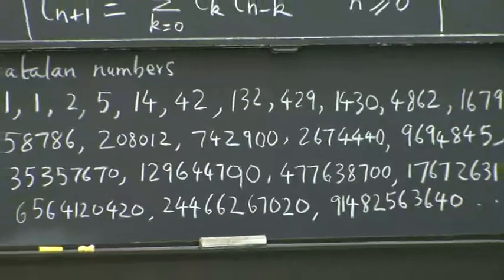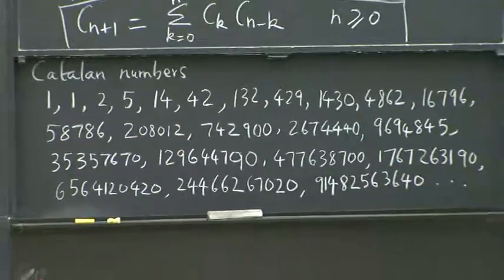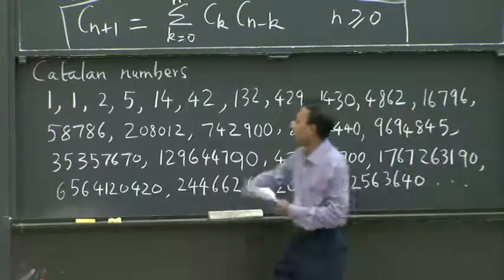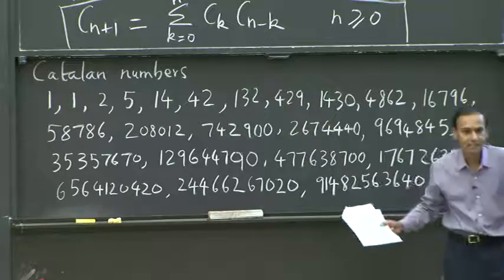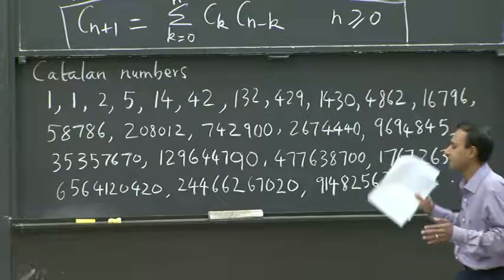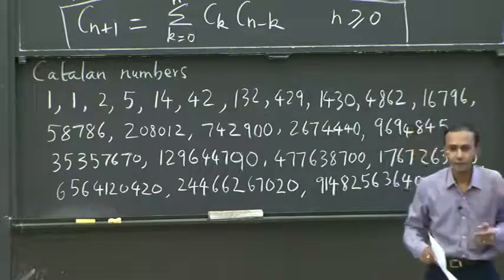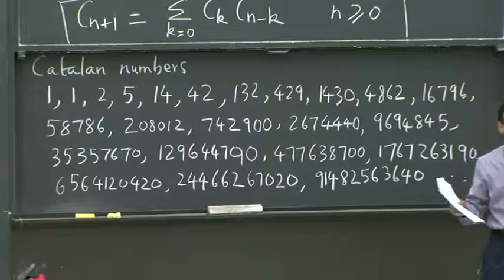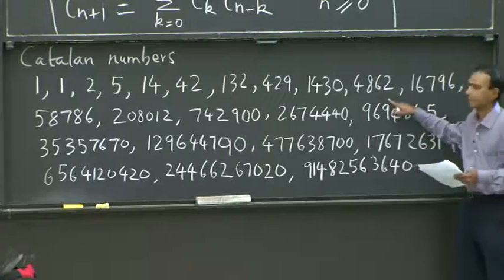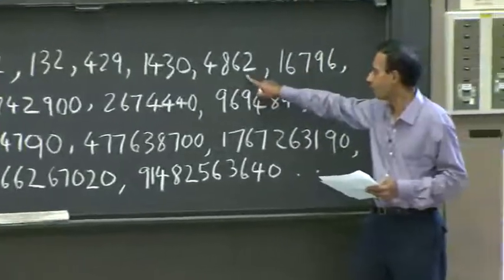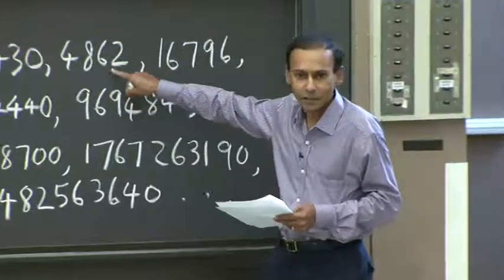And I came in early and wrote the Catalan numbers up on the board, going from C0, C1, C2, etc., just in case you ever see these numbers in real life, right? Or when you're writing computer programs, or you're driving on the road, the next time you see a license plate 4862, turn around and tell your mom or dad, hey, that's the Catalan number.